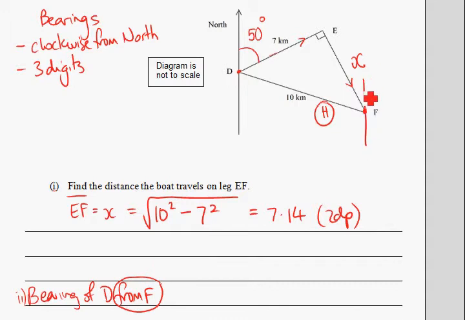I'll just draw in a north arrow. I'll just erase the X to stop the confusion. And we want the bearing of D. So I'm going to have to turn myself all the way around to find the bearing of D out this way. So it's that bearing I want there.